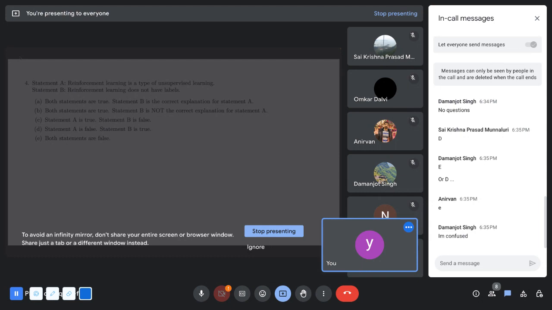And RL doesn't have any labels. Basically, you perform some actions, that action interacts with the environment, and based on that action the environment puts you in a next state and gives you some reward. You keep improving your actions so that you maximize your rewards. So there are no labels, and it is not unsupervised learning. So that is D.